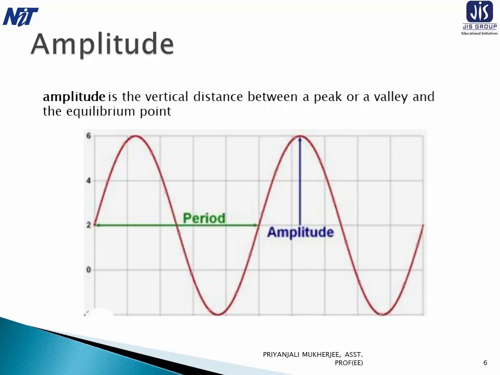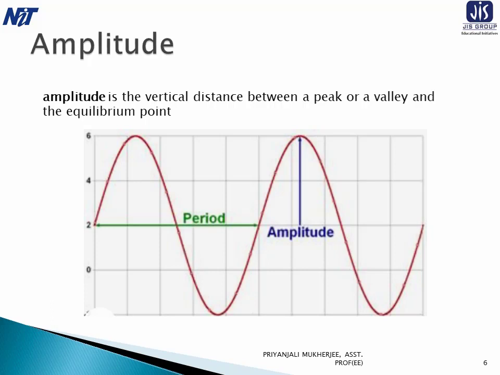Here the x-axis represents time and the y-axis represents magnitude. The waveform of an alternating voltage varies sinusoidally, and the waveform of the induced EMF in an alternator differs slightly from the sine wave, but for calculation it has to be considered as V max sine omega t.